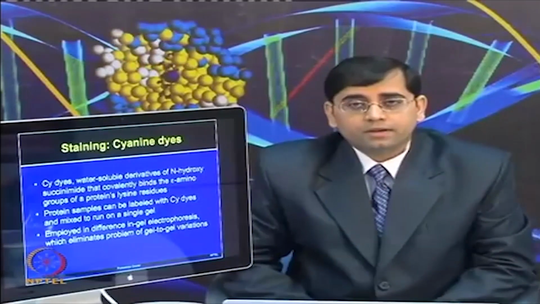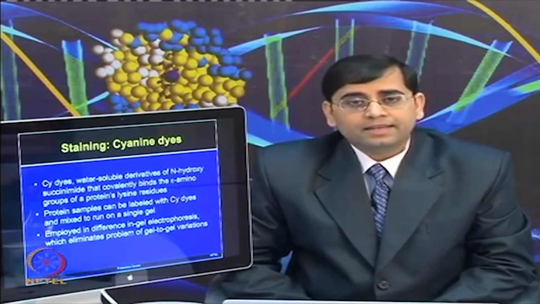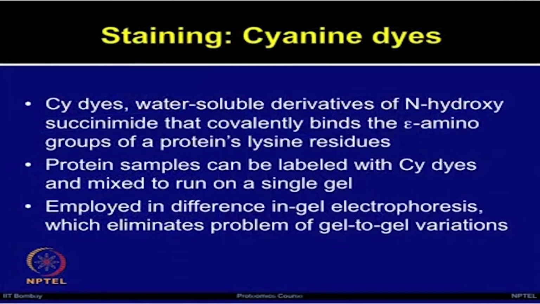So, now after looking at this animation, let us continue on the second staining method, which is use of cyanine dyes. As I mentioned, these are very sensitive dyes and these are water soluble derivatives of N-hydroxysuccinimide, which is covalently bound to the epsilon amino groups of a protein's lysine residue.